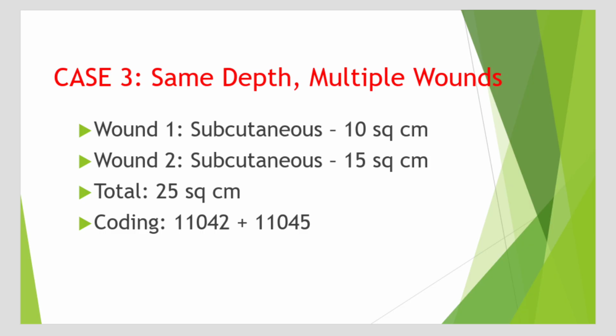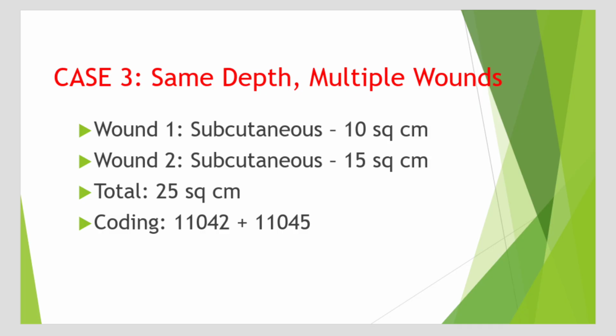If it is a same depth, we can add the sizes together. So we have to add 10 plus 15, 25 square centimeter. So the correct CPT code is 11042 and 11045, because for first 20 square centimeter we have to use 11042, and for additional 5 square centimeter we have to use 11045.